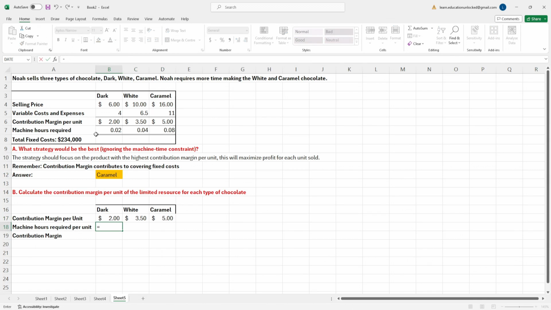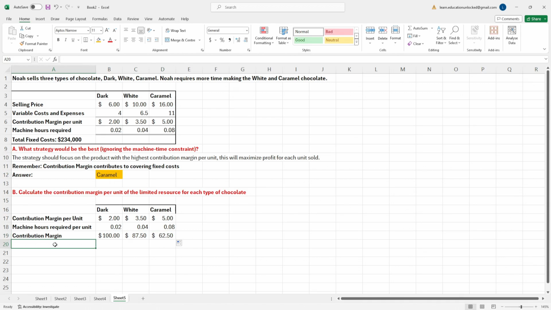And machine hours required per unit, right here. And so to find the contribution margin, this would be in dollars, we take our contribution margin per unit divided by the machine hours required per unit. So that gives us $100 of contribution margin per unit, 87.5 and 62.5 for the caramel.